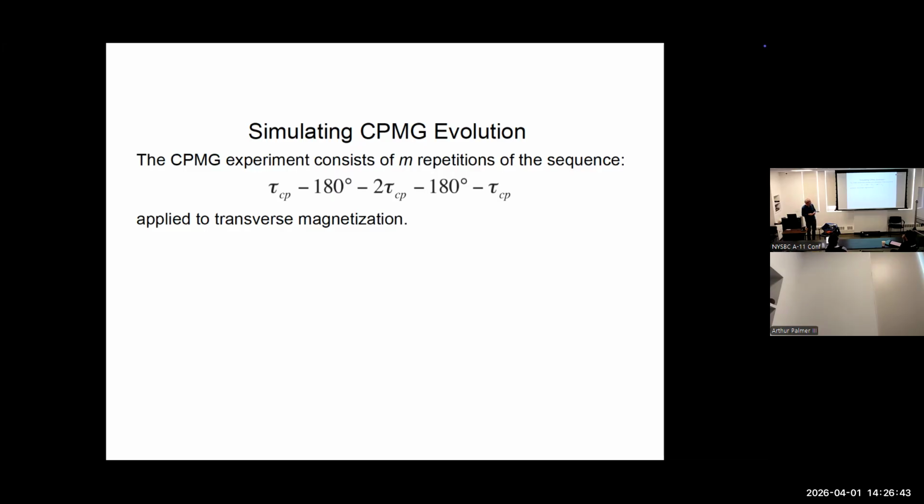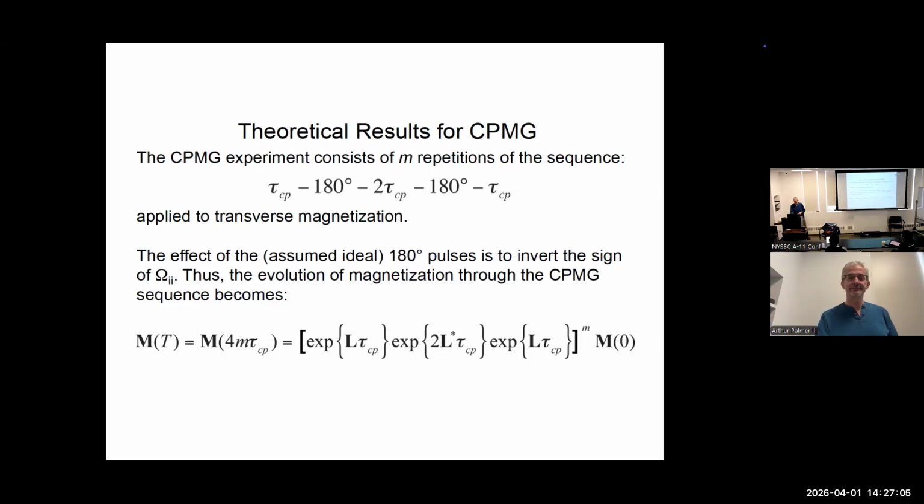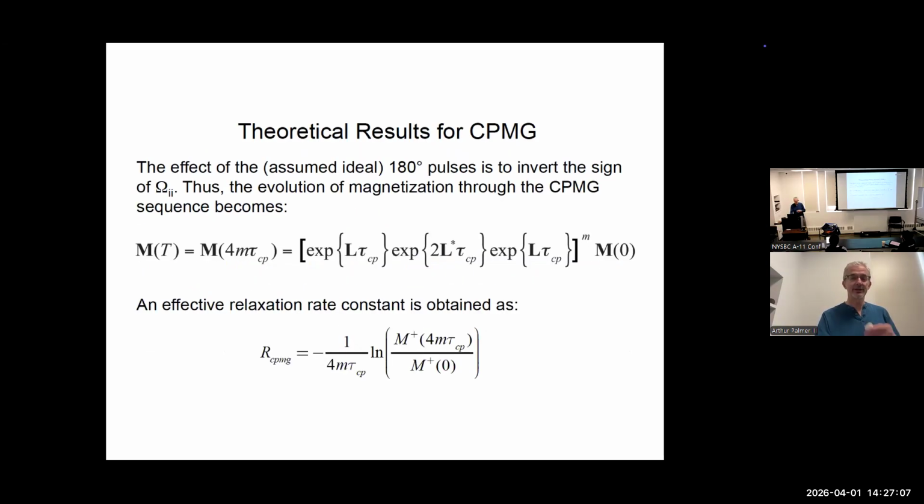And that, of course, is the Carr-Purcell-Meiboom-Gill experiment, where we have a string of spin echoes, and we hope we can make the time between the pulses more or less the same time scale as 1/KEX. So we can write down what this looks like mathematically. That's just all shown here.